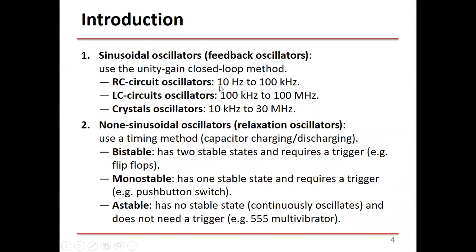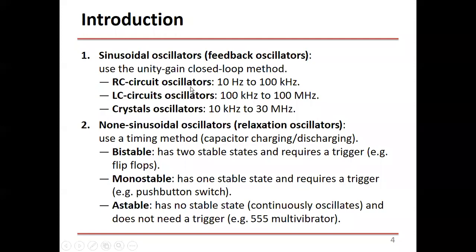So this is going to be within the hearing frequency range, which is 20 hertz to 20 kilohertz. So you can just use the RC circuits. That's fine. But in other applications like radio frequency applications, like the local oscillator in a modulator, you might need higher frequencies, more than 100 kilohertz. So in this case, you have to use the LC circuits.